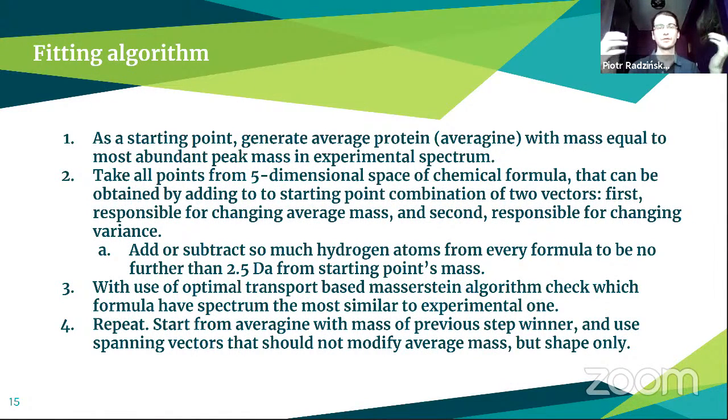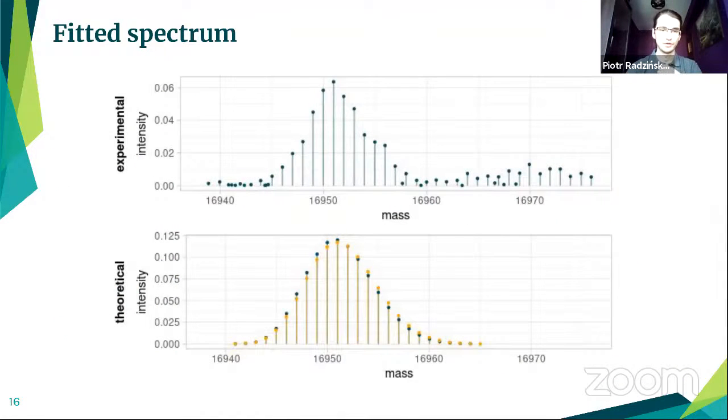We search the space, at the beginning, for the chemical formulas that seem to have similar average mass and should not be very distant from the experimental spectrum. And then, based on optimal transport, Wasserstein distance, we check which spectrum fits our experimental spectrum best. And this is presented on these two plots.